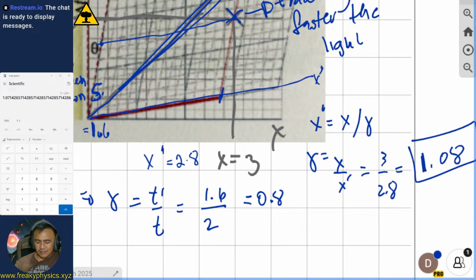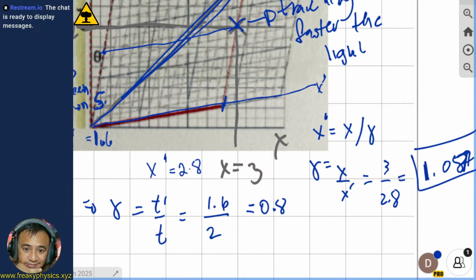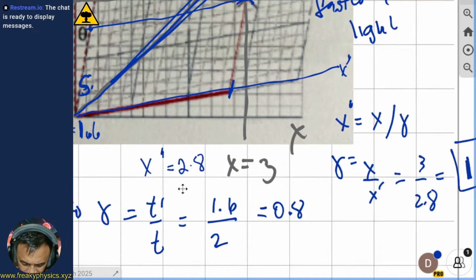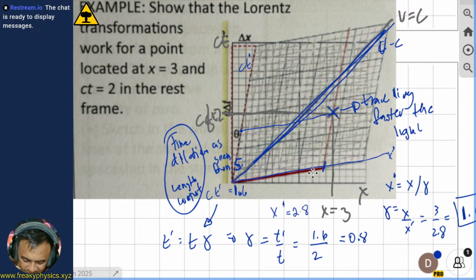Now, here's the thing though. In this particular problem, the Lorentz transformations should work for a point located there. We're supposed to show that it works, right? Is there something I missed?